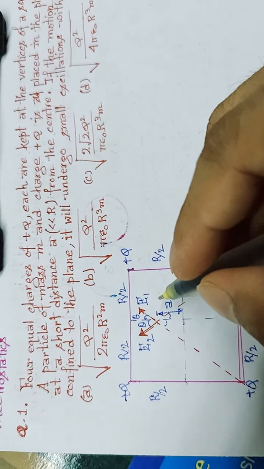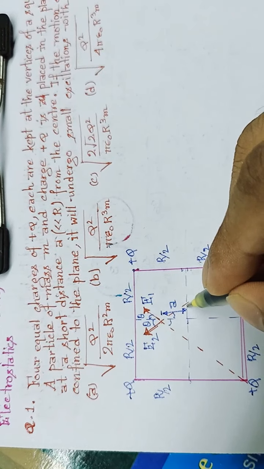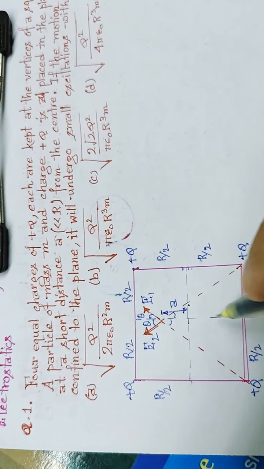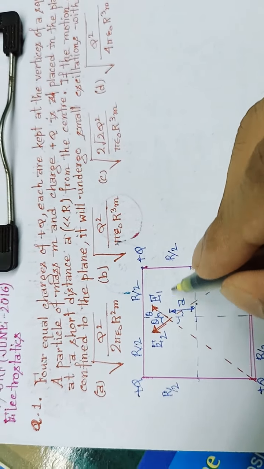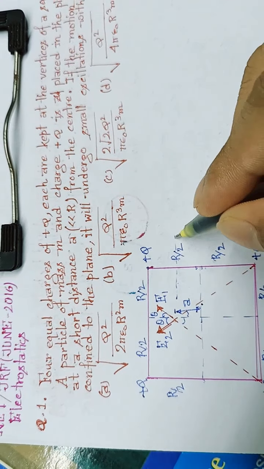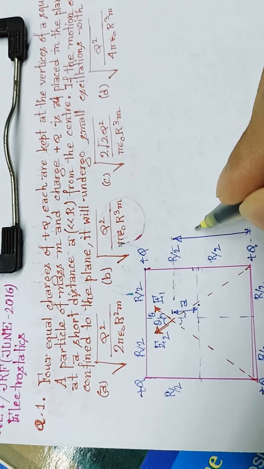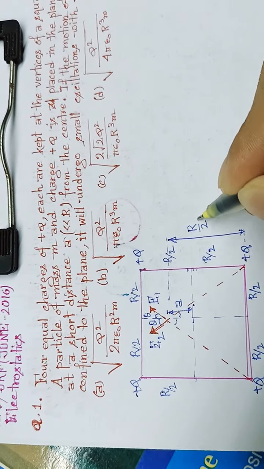So if this distance is a and this distance is equal to r divided by 2, then this much distance will be equal to r divided by 2 plus a.